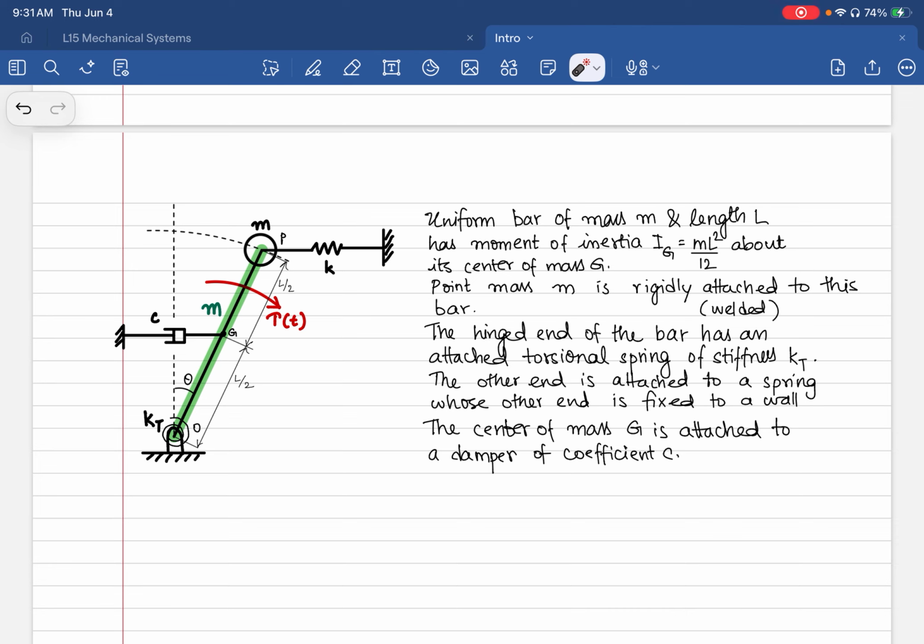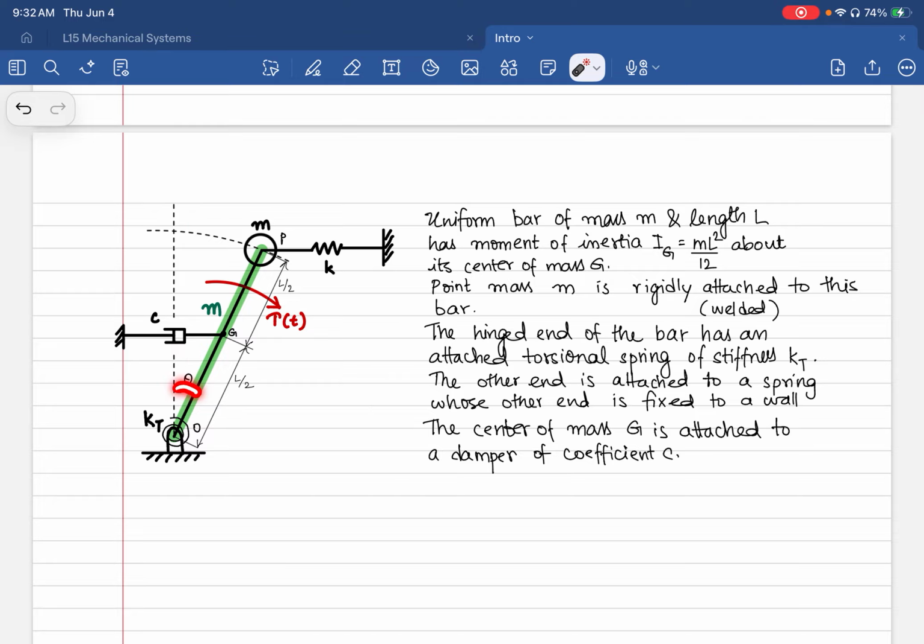The hinged end of the bar has an attached torsional spring of stiffness kT. So you have this end here with a torsional spring that's been attached. So if it moves from its vertical position, it's understood that the undeflected position is when it is vertical.